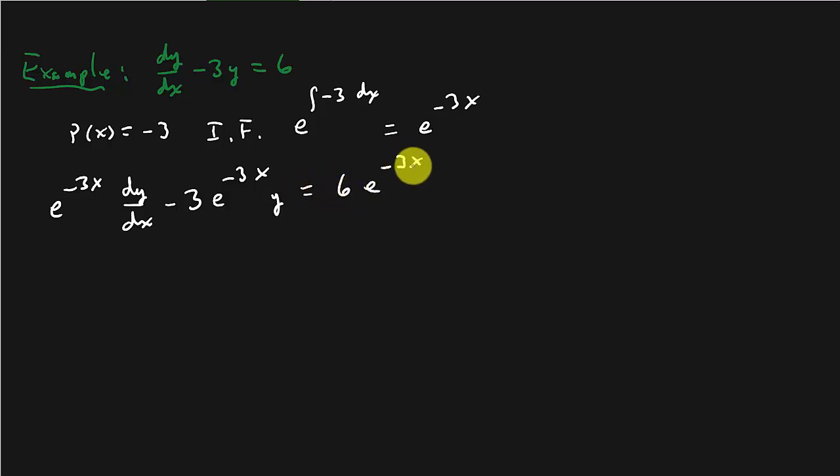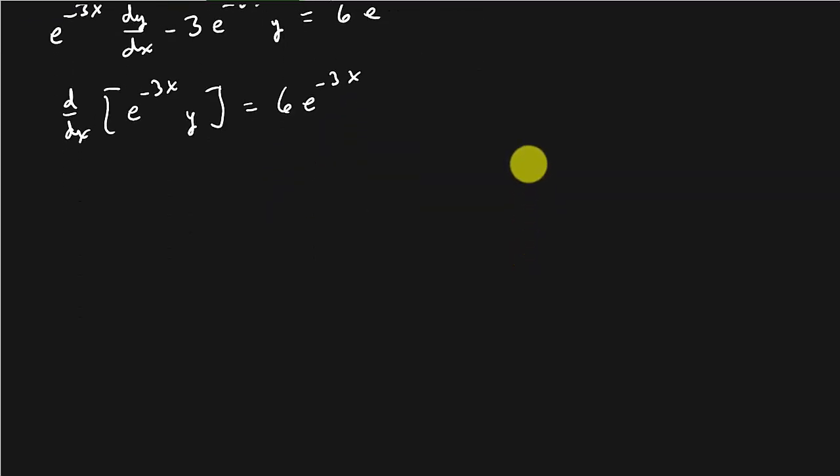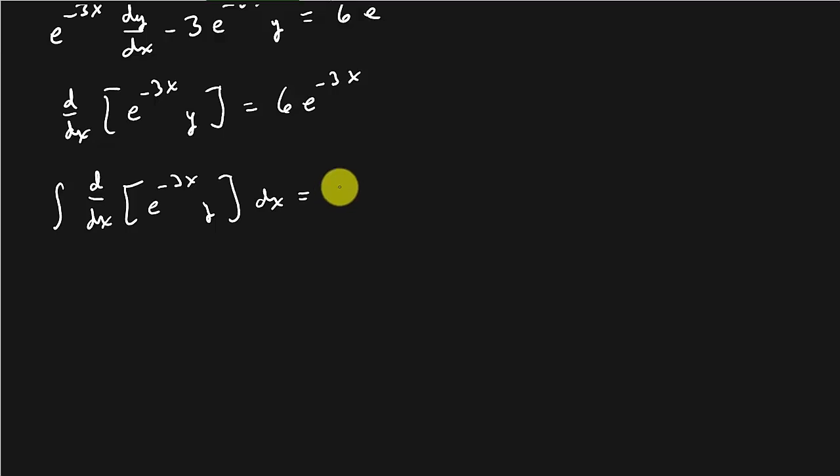And so remember, the left-hand side becomes the derivative of the product of the integrating factor and y. All right, so there you have it. So now we integrate both sides. That's e to the negative 3x y dx equals the integral of 6 e to the negative 3x dx.